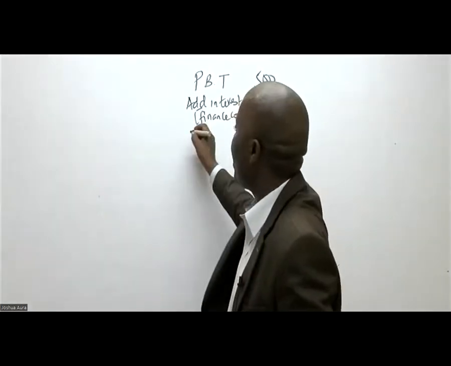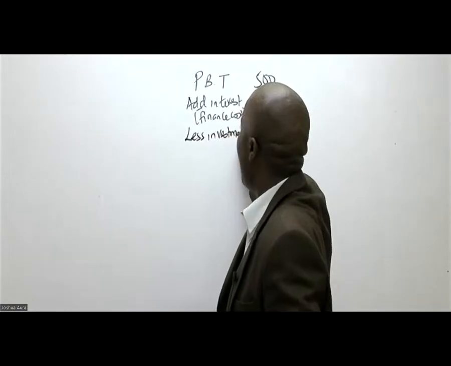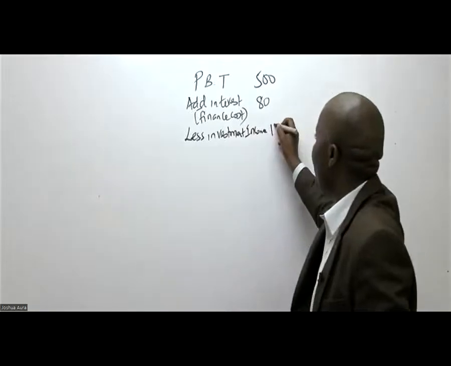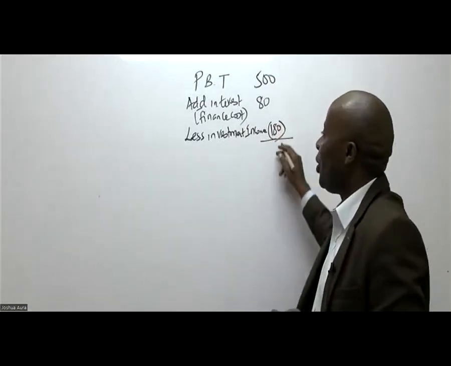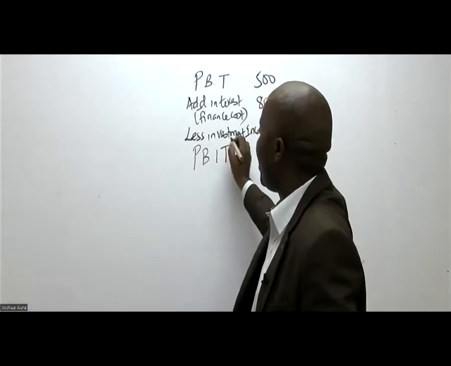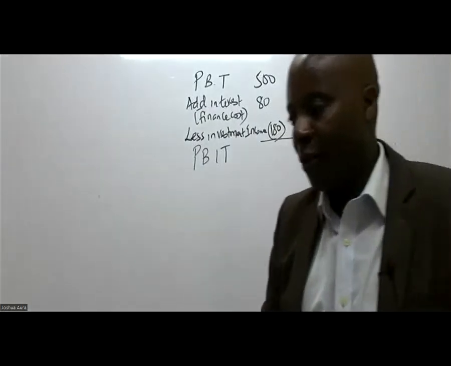So I need to come and say less investment income. Investment income of how much? I can see it is 180. So the moment I do that, ladies and gentlemen, then I should be able to get my famous operating profit, which is PBIT.